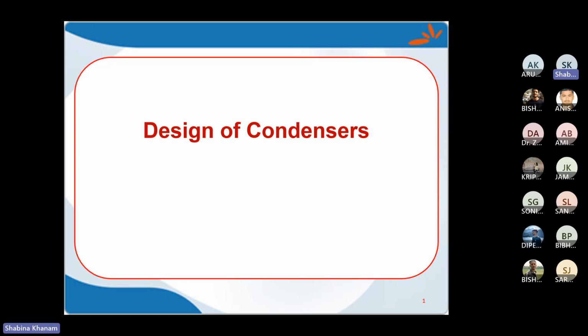So when we consider the shell and tube heat exchanger, we consider streams which you need to heat up or cool down, where in both the streams we have sensible heat transfer. It means in both the streams we should have temperature variation.